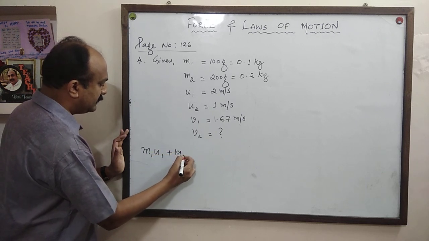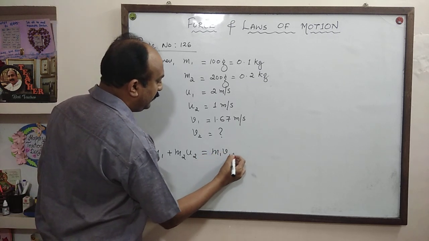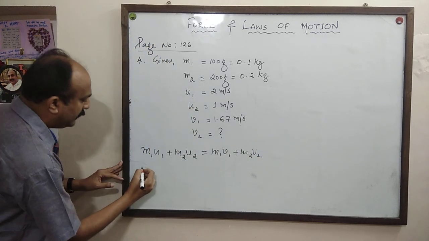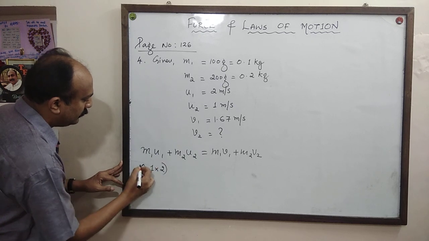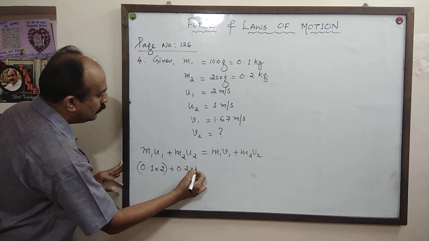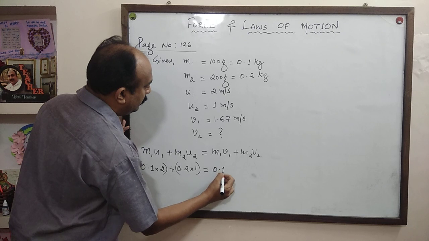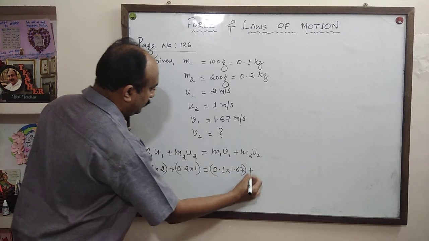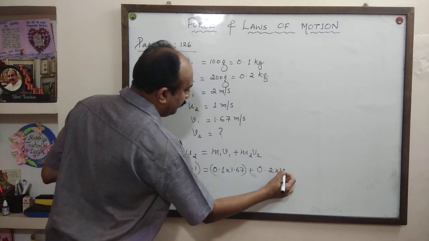M1U1 plus M2U2 is equal to M1V1 plus M2V2. Substitute the values. 0.1 into 2 plus 0.2 into 1 is equal to 0.1 into 1.67 plus 0.2 into V2.